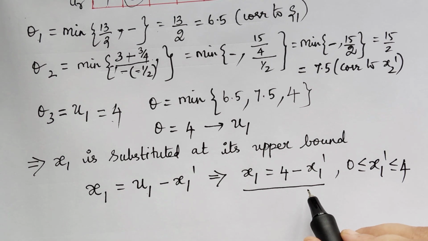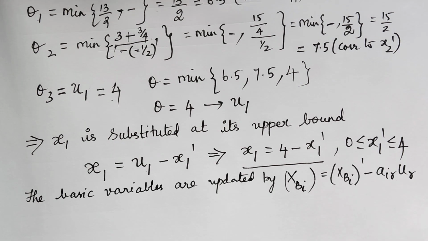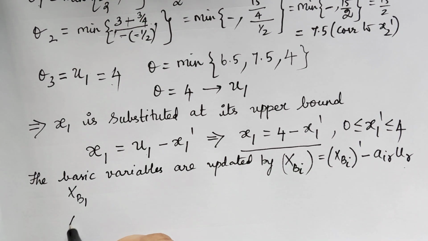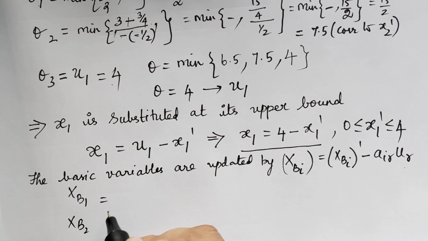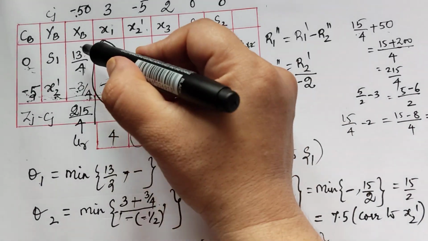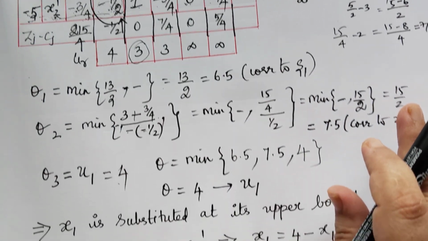Now when this is updated, the basic variables should also be updated, and I already showed you it is updated by this formula. There are two basic variables, xb1 and xb2, and these two have to be updated. The first update is for 13 by 4, the previous xbi value.